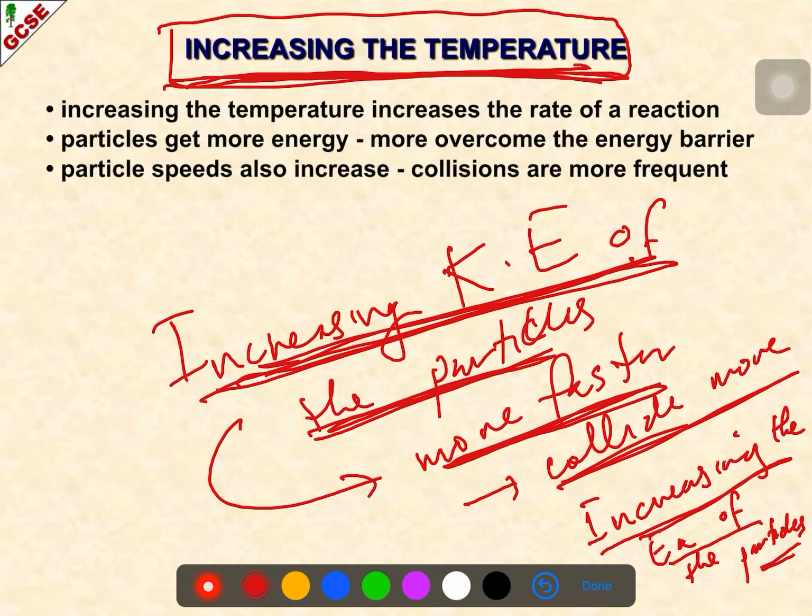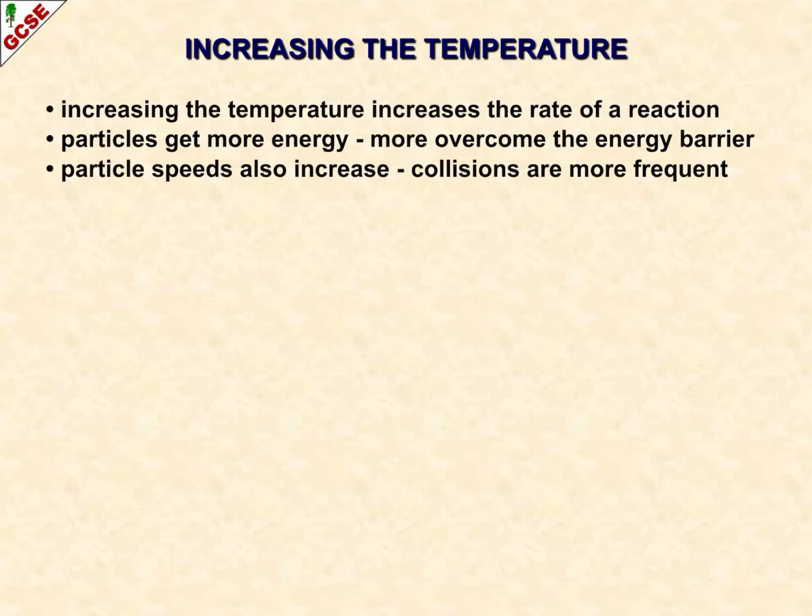Remember, in collision theory, what do we say? That for a successful collision to happen, particles must have enough activation energy. And how do we increase the activation energy? We increase the temperature, okay?